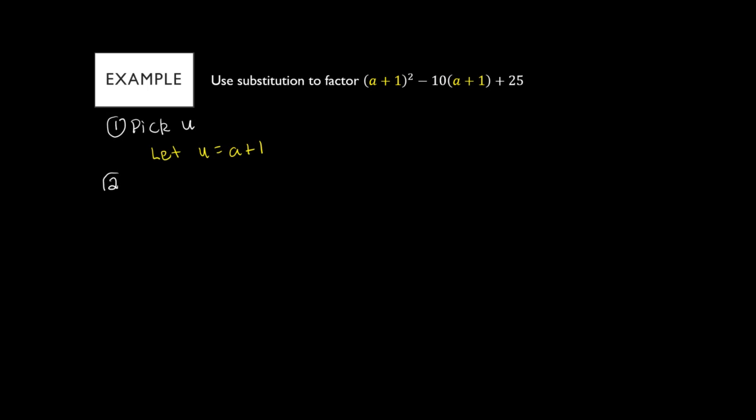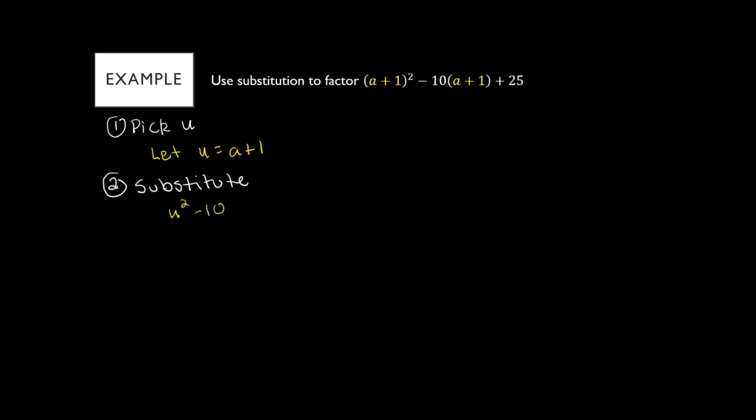If you write it down very first thing, then you can always refer back to it. So step 2 is to do the substitution. We need to pay attention to our variables, our exponents. So I have a plus 1 squared, but a plus 1 is u, so now this is u squared.